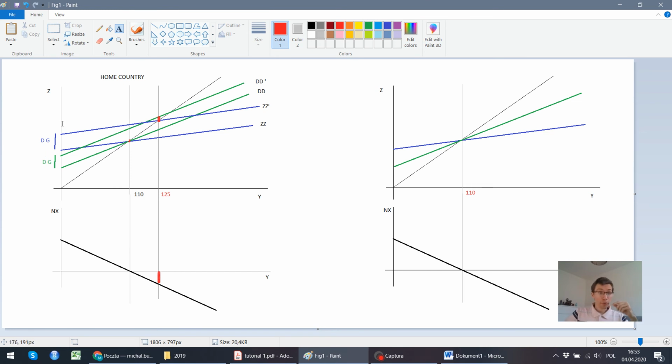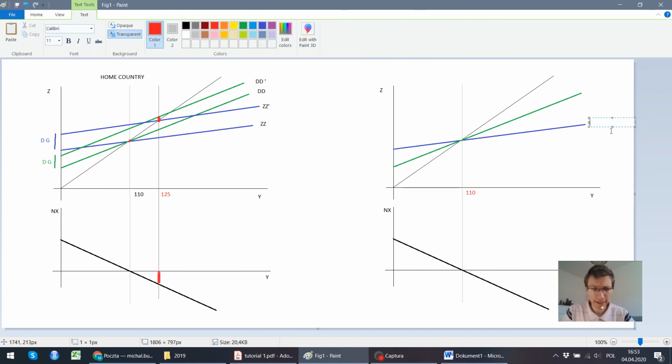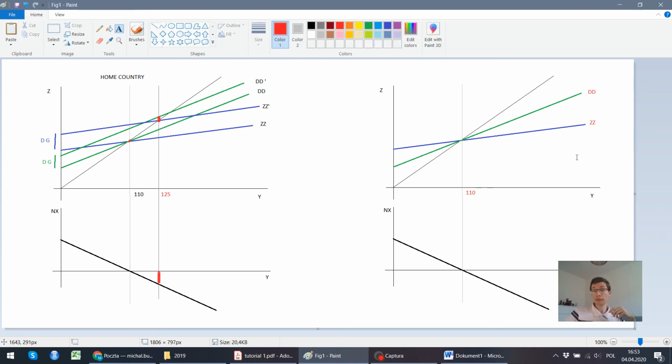Once again, in the previous example, what you saw is that the difference between the two curves was exactly only the change in governmental expenditures. Now, the situation will be a bit different. So once again, we have the ZZ curve, we have the DD curve. Remind yourself the definitions of those two curves.